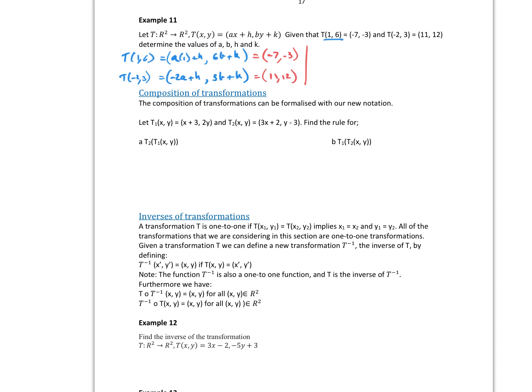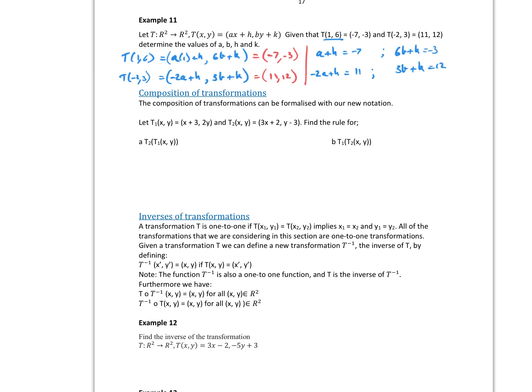So now if I just equate my x and y coordinates, from the first one I'm going to have a plus h is equal to -7, and 6b plus k equals -3. I'll have -2a plus h equals 11, and 3b plus k equals 12. So I've got two sets of simultaneous equations here.